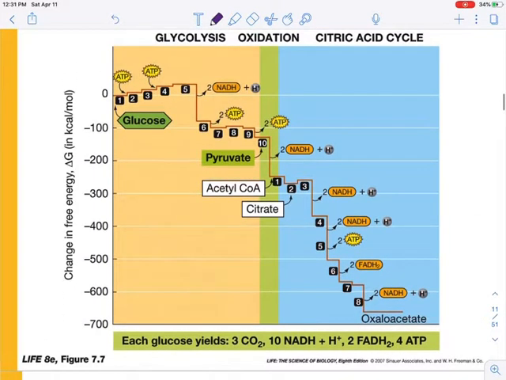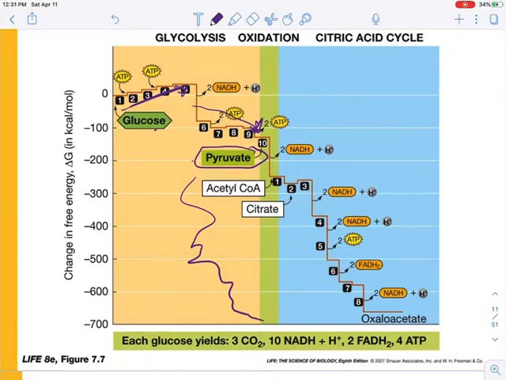And if we look at the delta G, we have a glucose again. We activate that glucose to destabilize it. We split it, pull the energy out. So pyruvate, which we're starting with, is of lower energy than that glucose. But note there's still a lot of energy left on the table here.